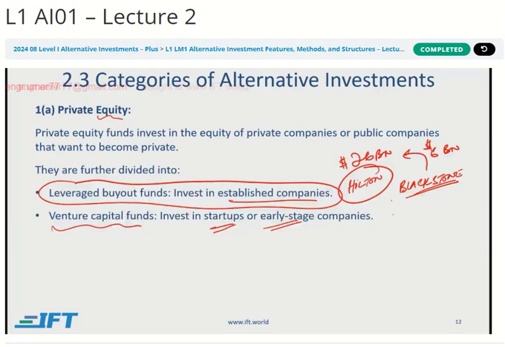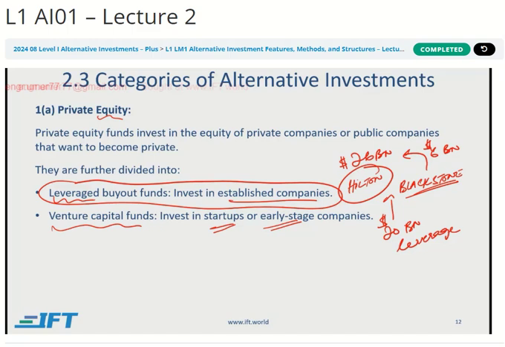The rest they got from the banks. So it was a leveraged buyout, right? This is the leverage because they're using banks' loans or debt to buy this company out.